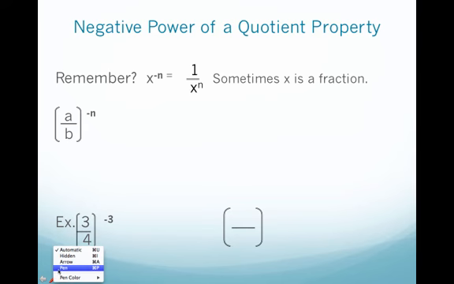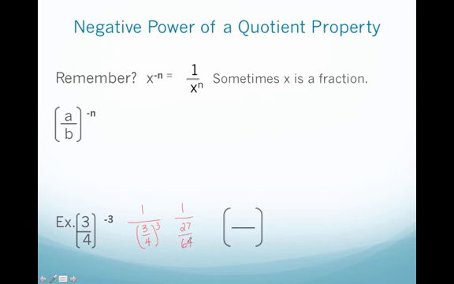Okay, so what this would be is this whole fraction flipped down: 1 over 3/4, all raised to the third power. And of course I could distribute that. So 1 over 3 cubed, or 27, over 4 cubed, or 64.